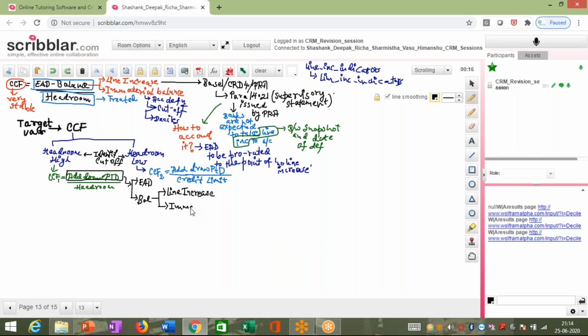So line increase and immaterial balance are something which you need to take care of.